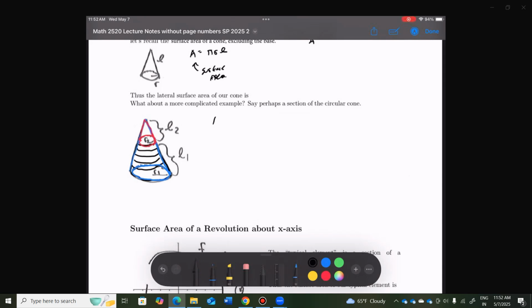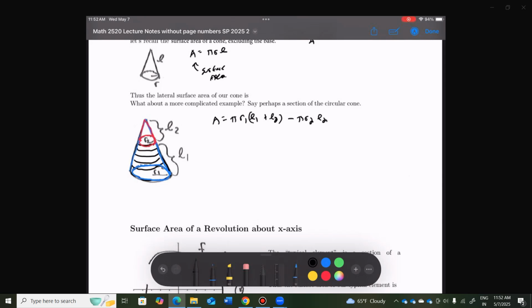So this is going to be pi r1 (L1 plus L2), the surface area of the whole thing, almost forgot that, minus pi r2 L2.